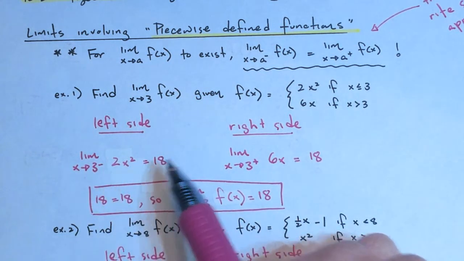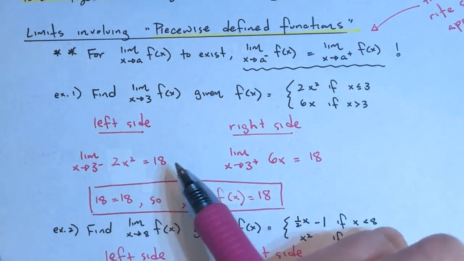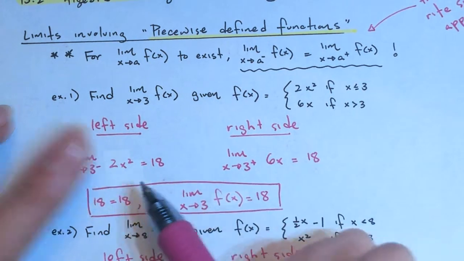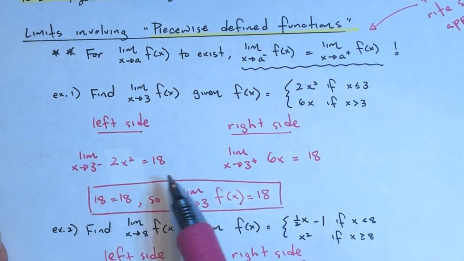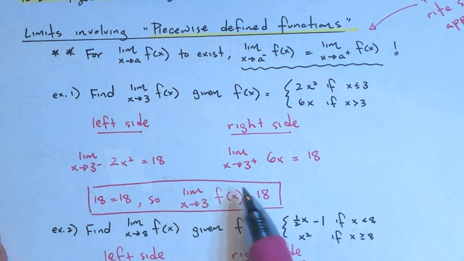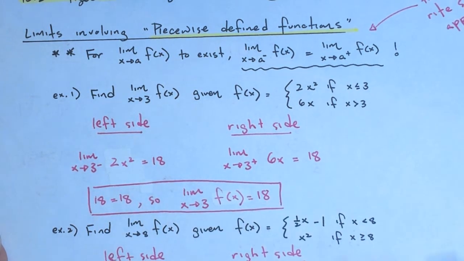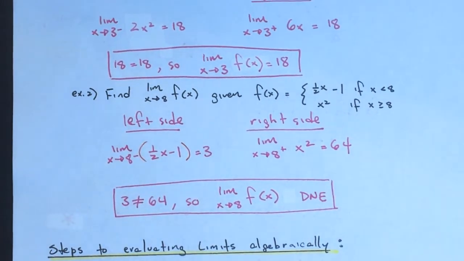You plug it in, you get your left limit and your right limit, and you write it neatly. You get 18 both times. Because that's the same number on the left and right limit, the limit for the whole thing is 18. You're going to try example 2, pause the video, and then start it again.